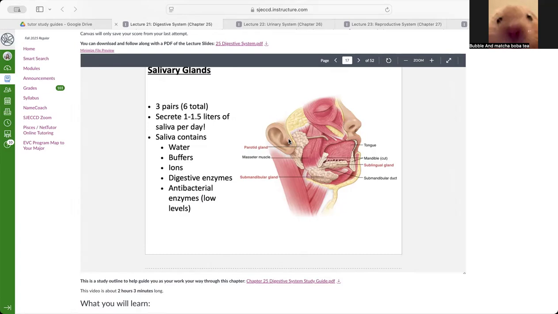When you chew on a cracker, it's not very sweet, but because it's starch, the salivary amylase will break it down and make it taste sweet.